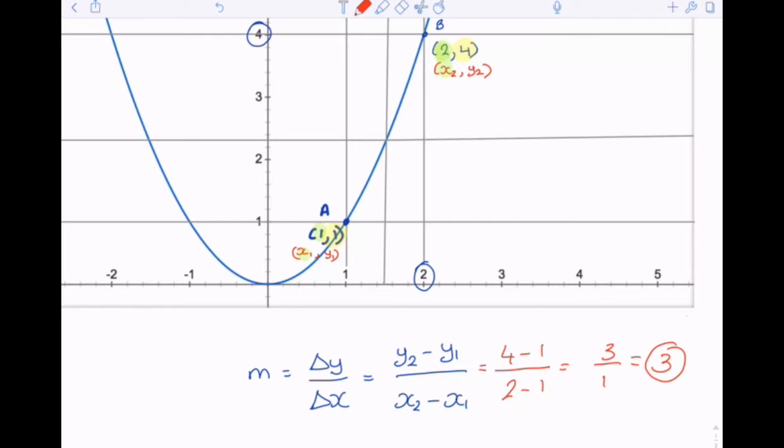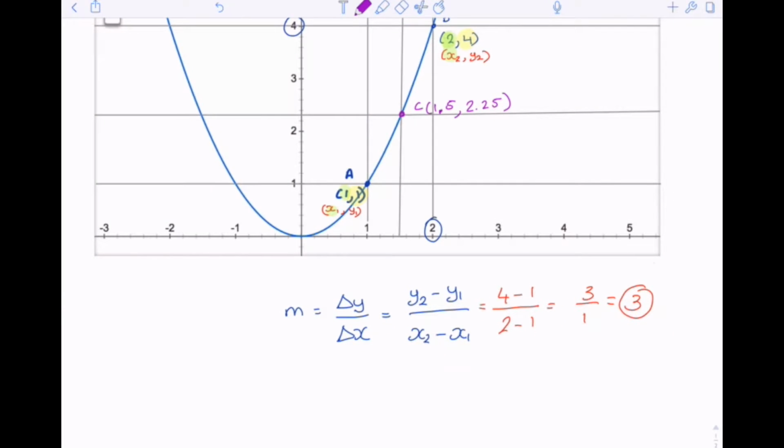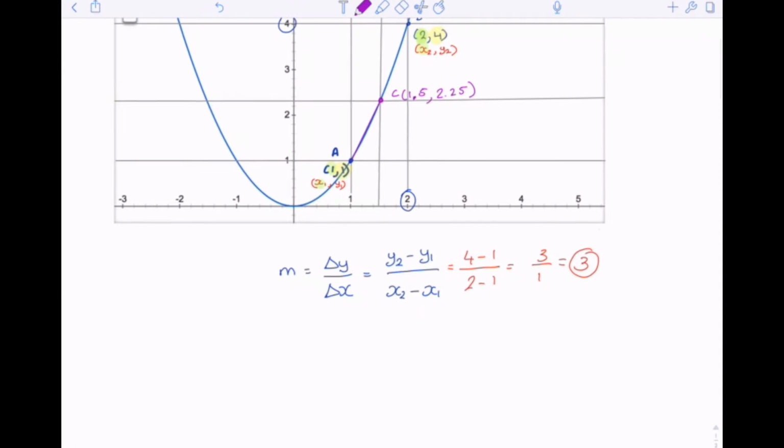Now, if we pick a point that's a bit closer to A, and we're going to call that point C, and it's got the coordinates 1.5, and the y coordinate is actually 2.25, we could work out the gradient between point A and point C using the same method.